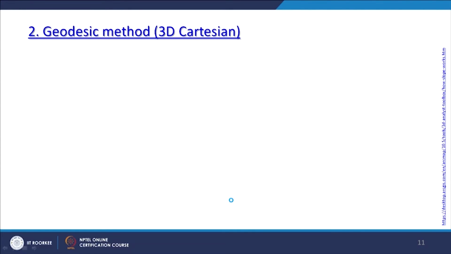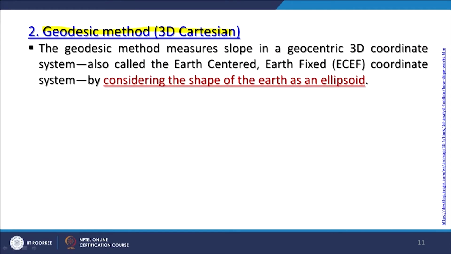Now, the second option is the geodesic method, which works in a 3D Cartesian system rather than a 2D one. As you know, the geodesic method measures the slope in a geocentric 3D coordinate system. Things may become a little complicated in that sense, because now we are bringing in an ellipsoid in the earth-centered, earth-fixed ECEF coordinate system.